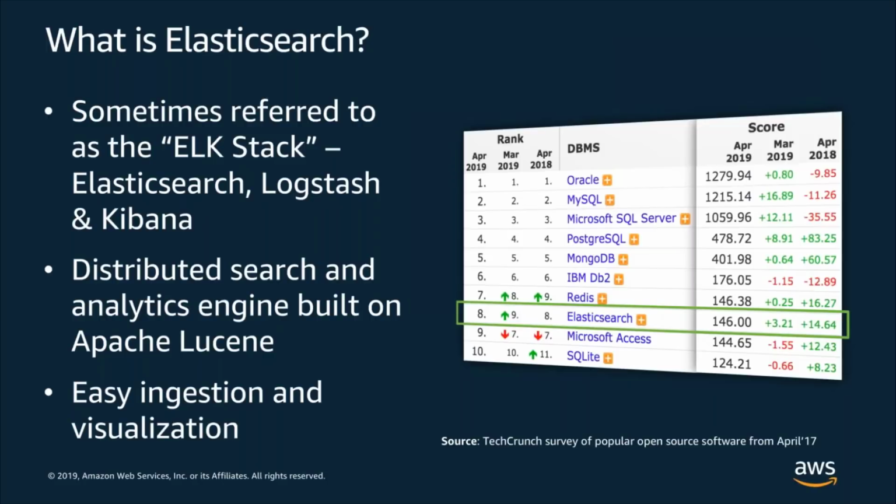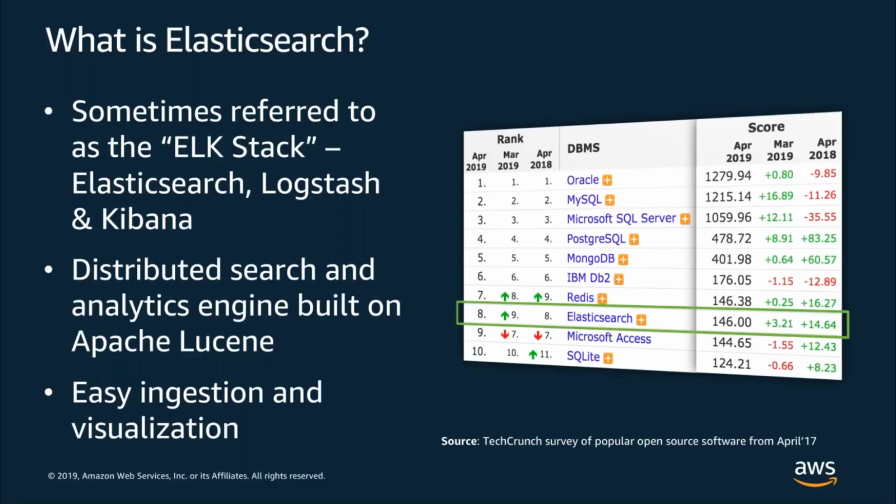Elasticsearch itself is a distributed system that allows you to rapidly flow data into it and perform analytics. It's based on the Apache Lucene engine at its core that supports not only searching your data, but also building aggregations on the numeric and other data in there.